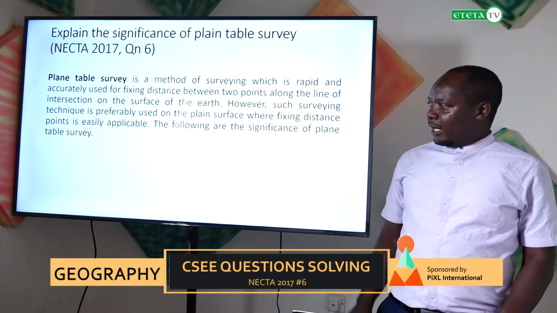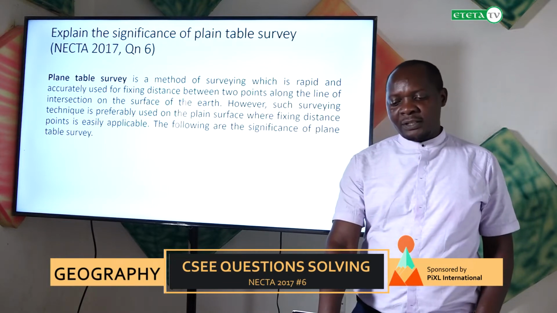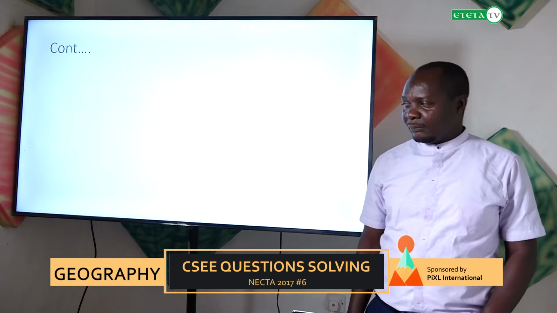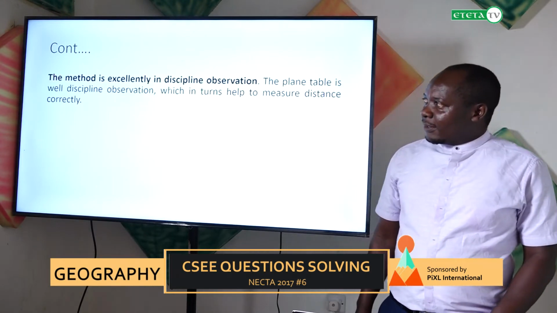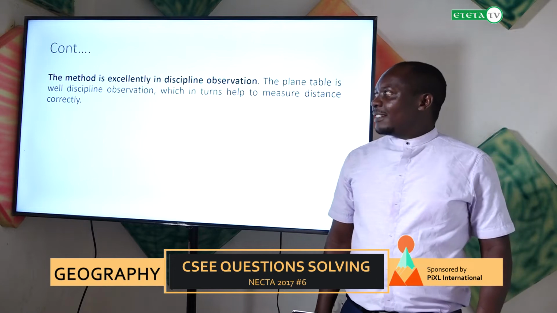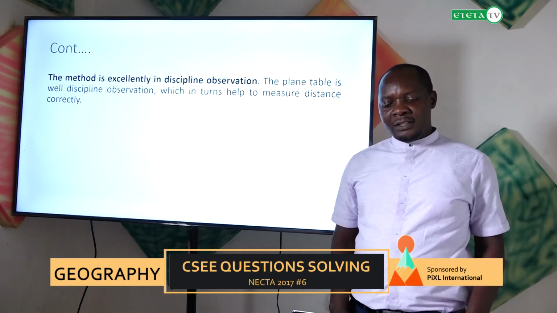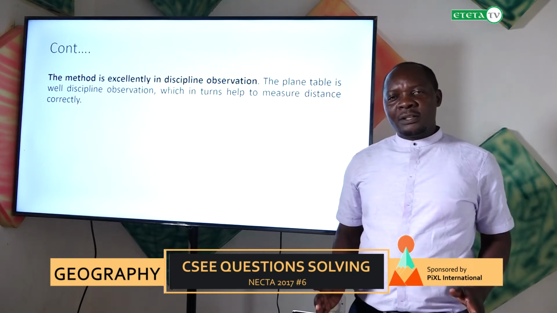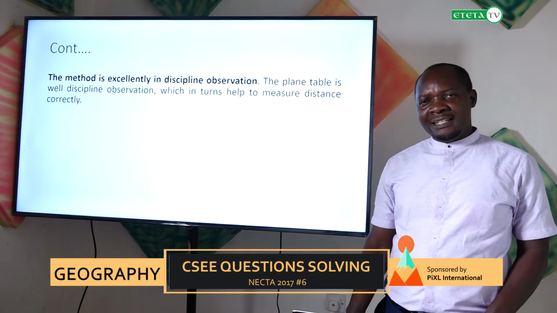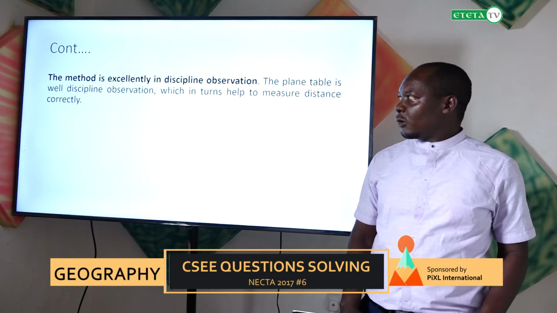And the following now are the significance of plain table survey, which is the center of the demand of the question. Number 1, the method is excellent in discipline observation. That means when using that method of surveying, it needs a well-disciplined person in the operational process.